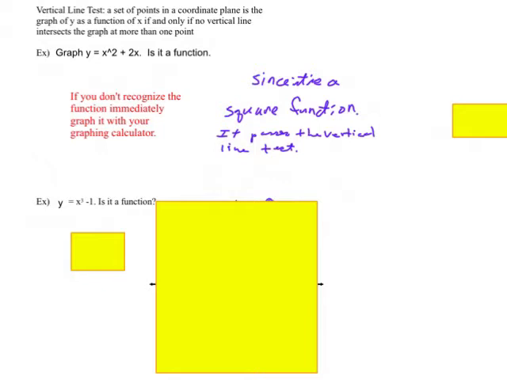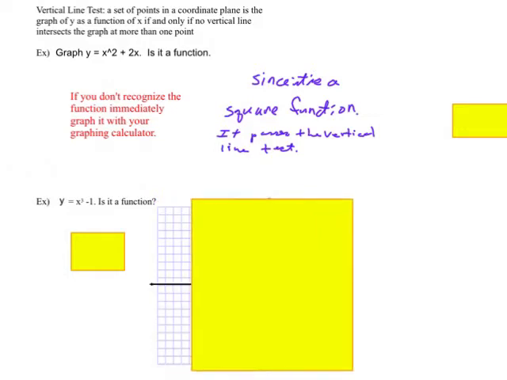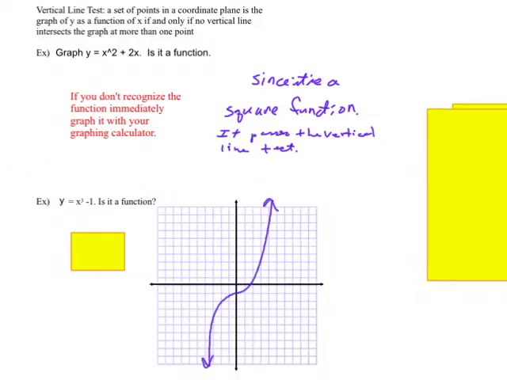Now, oftentimes if you don't recognize right away whether an equation is a function or not, we can graph it. For example, in our second problem here, I have y equals x cubed minus 1. Is it a function? So, I graph it, and we're going to determine what it's going to be. And we can see, yes, it is a function, because if I use my vertical line test here, and let's go ahead and see if we can do a line here to show the vertical line test.